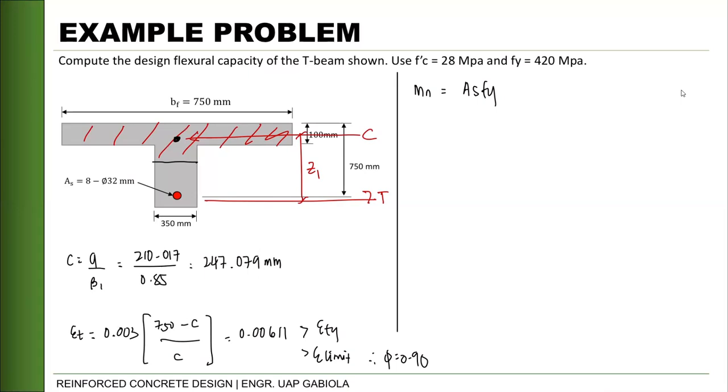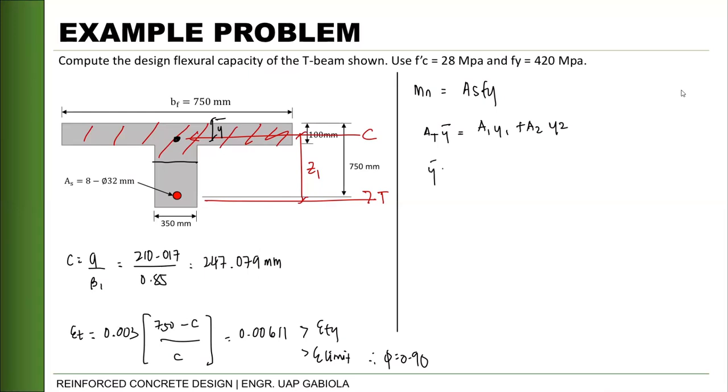And we can do that by Varignon's theorem. So, assuming that distance is called bar Y. So, the total area times its distance is equal to the area of the flange plus area 1. Let's say the flange is area 1. Okay. So, area 1 times the distance of 1 to the top flange, plus area 2, the portion of the web. Okay.